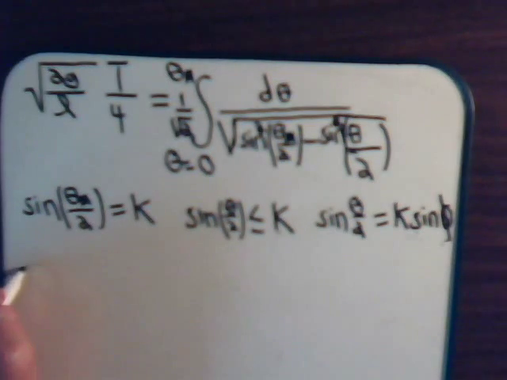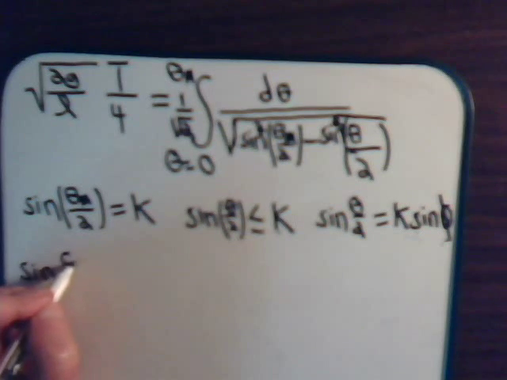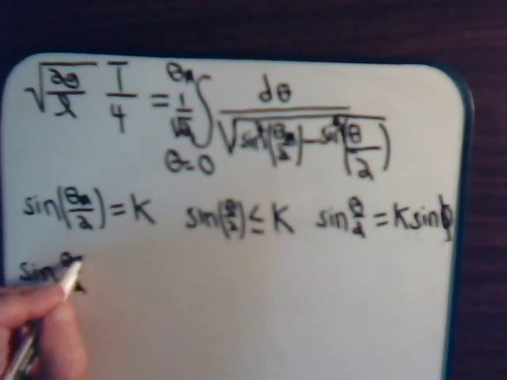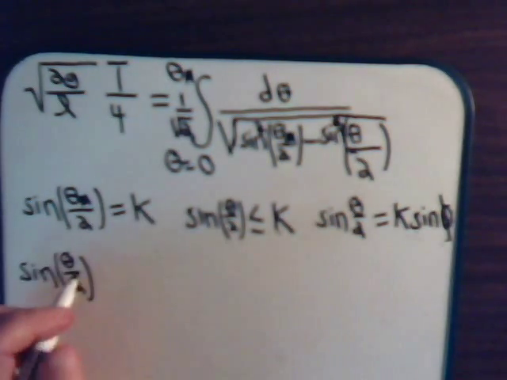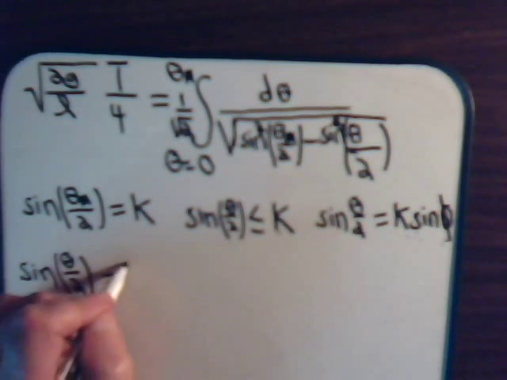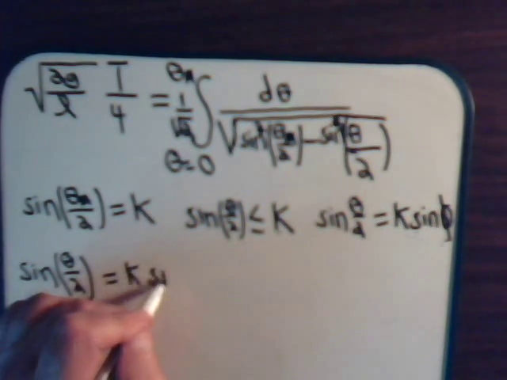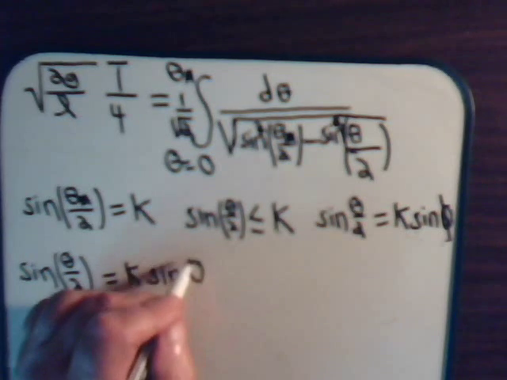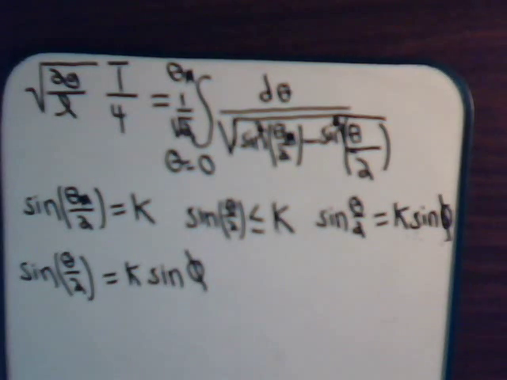So we have the sine of theta over 2 equals k times the sine of psi.